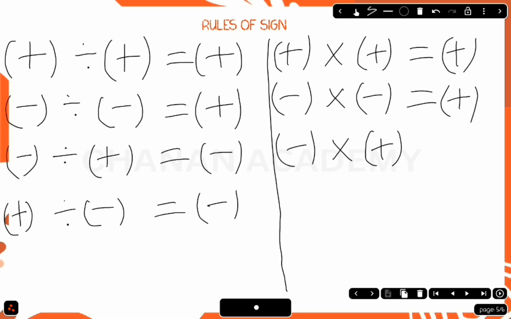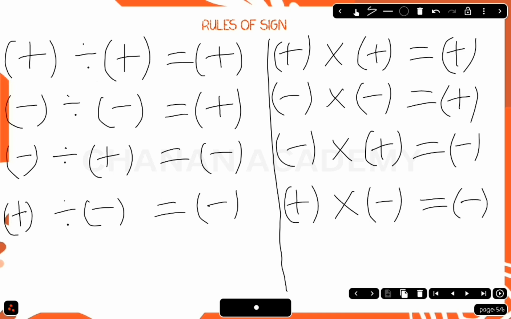Addition multiplies subtraction, the result is what? Negative. Good. Because the signs are different. So the rules are similar. The left hand side is for the division and the right hand side is for multiplication.